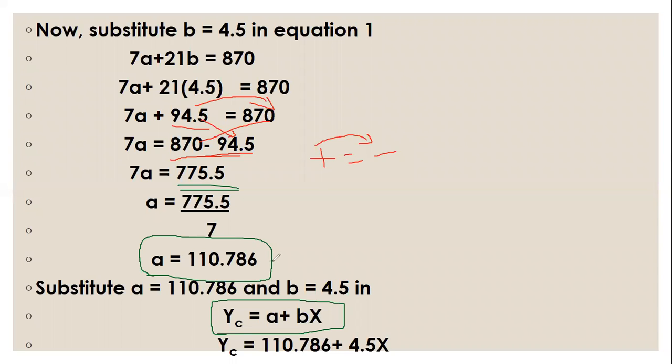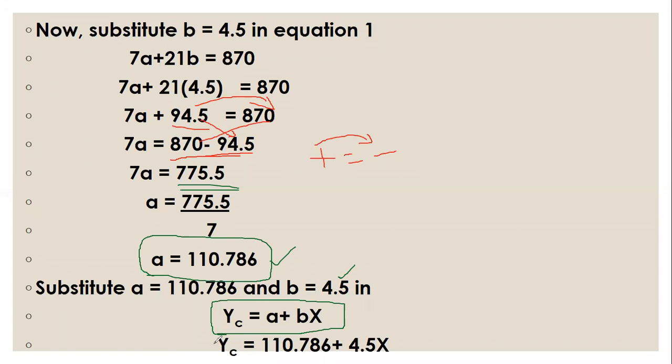What is a? 110.786 plus b is 4.5 into x. X we will not write anything. X we will be taking from the question or whatever we have assumed. So a plus bx, 110.786 plus 4.5 into x.